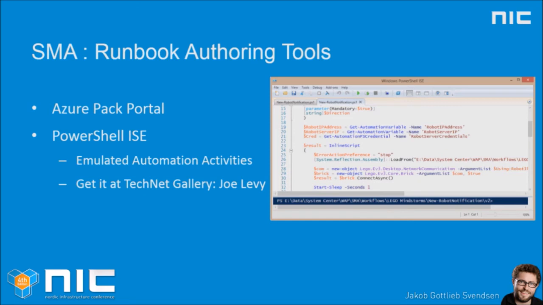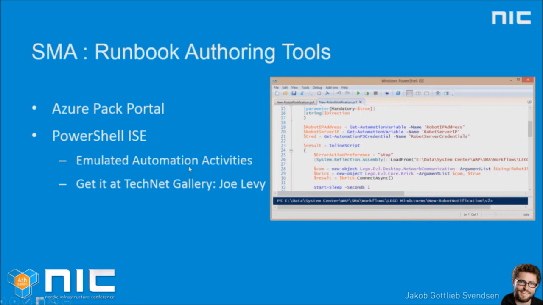This would not work on your local machine because it's not part of SMA, because that was the feature we have in there. So to help us do that, we can actually download a PowerShell module called Emulated Automation Activities, made by a guy called Joe Levy, from the SMA team. And you can get it at the TechNet gallery.